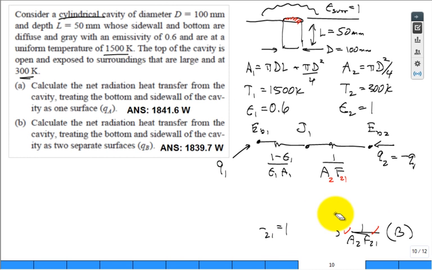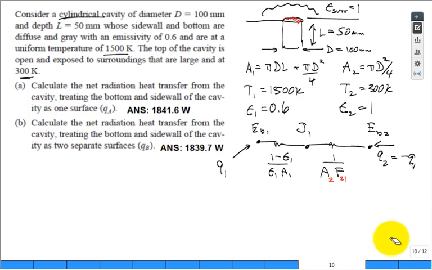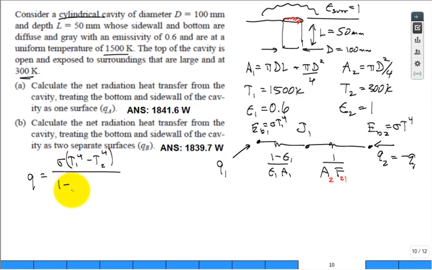All right. Okay. Do I have enough information to get this sigma T1 to the 4th? Sure. Do I have this one, sigma T2 to the 4th? Sure. I have both of those. And so you can now calculate the flow, and this Q will be sigma (T1 to the 4th minus T2 or sky to the 4th) divided by (1 minus epsilon 1, which is 0.6, divided by 0.6).